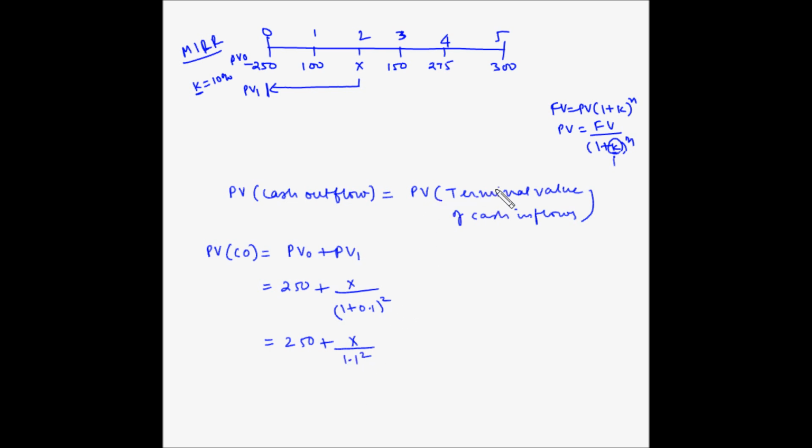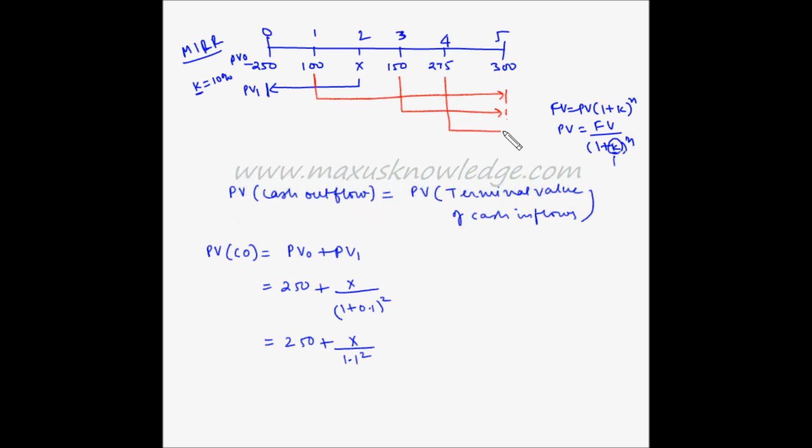Now next, let's try to find the terminal value of the cash inflows. So basically what we have to do is we have to find out the future value of all the cash inflows, and let's say this is 300.